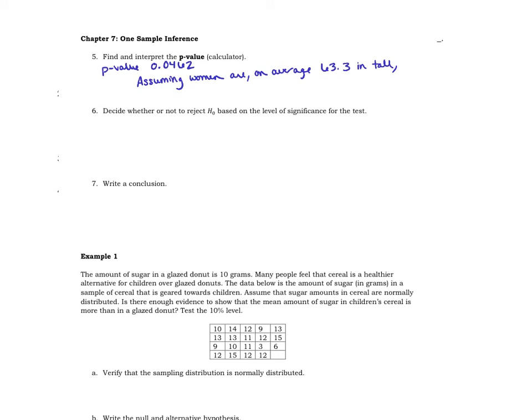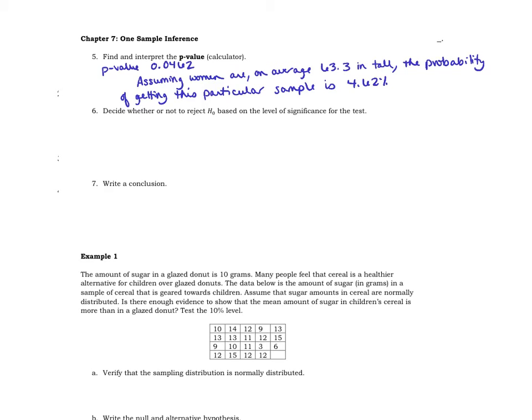So assuming the null hypothesis is true, the probability of getting this particular sample is 4.62% or 0.0462. In other words, not very likely that that would happen, but obviously it did.